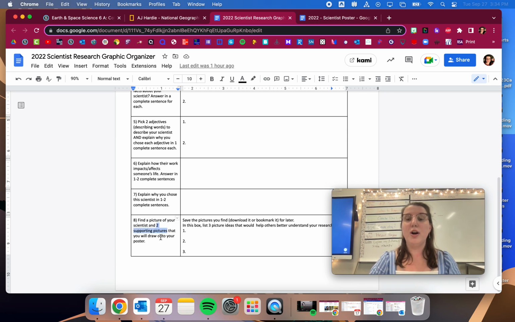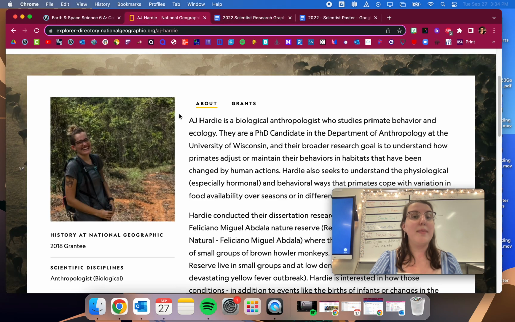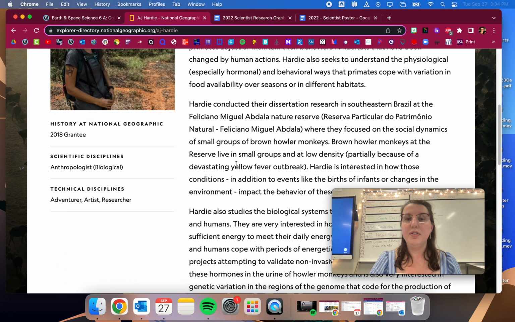And then it says, and 2 supporting pictures. Supporting pictures are ones that help you better understand your scientist, whether it's the research they do or the person that they are. So if they are a primatologist like A.J. Hardy, you could draw a picture of the different primates or monkeys that they work with. So if they work with small groups of brown howler monkeys, you could draw a picture of a brown howler monkey.